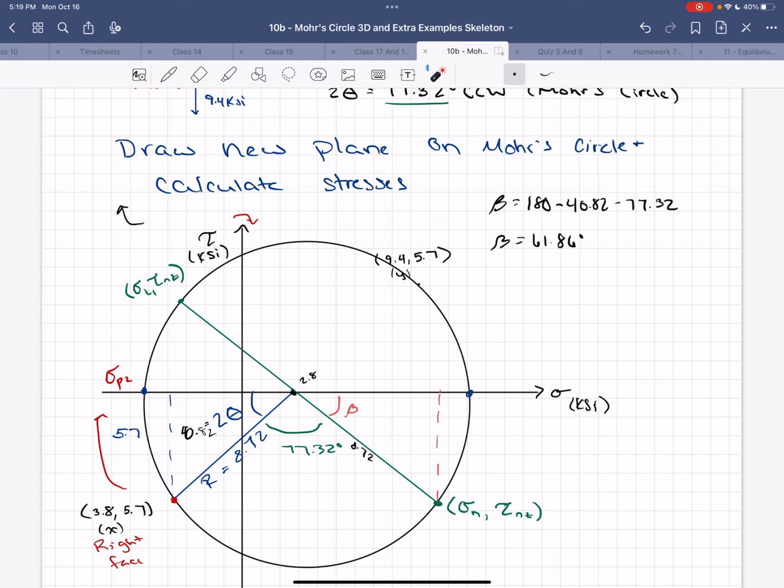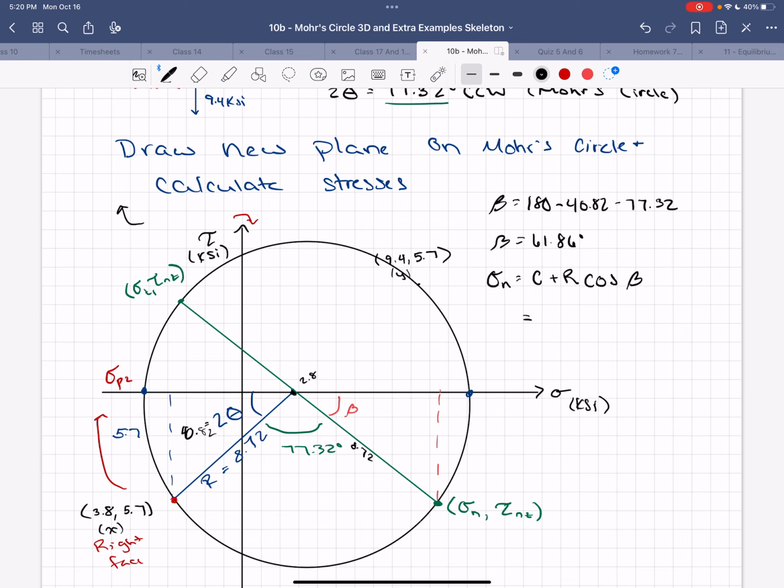So we have to go from 0 to the center of the circle, and then add in this distance, which will be the cosine of beta times 8.72. So I'll write that out. Sigma n equals center of the circle plus the radius times the cosine of beta.